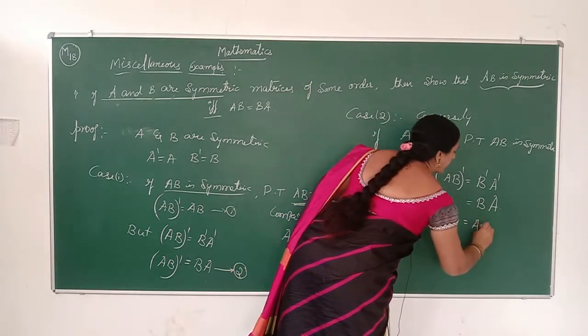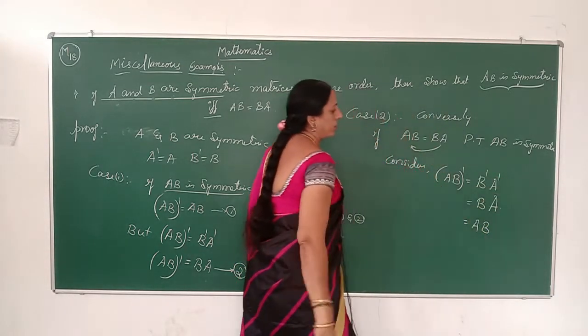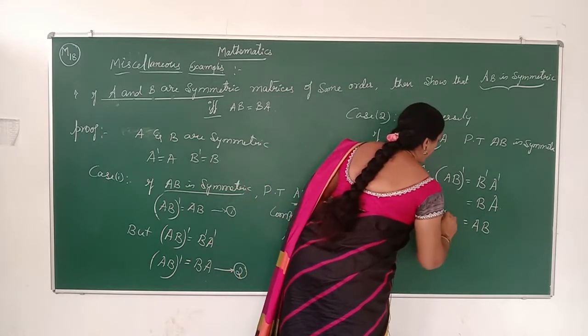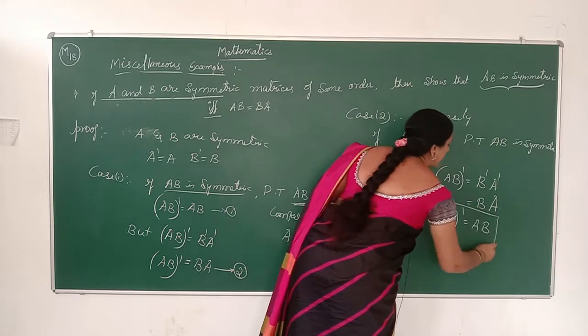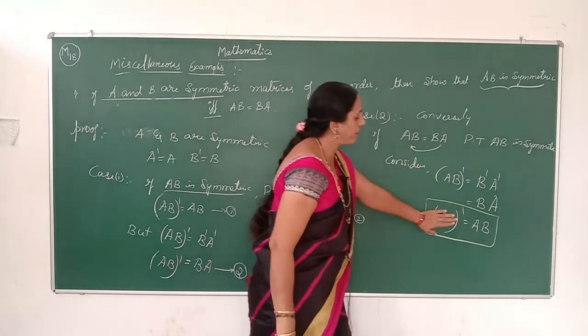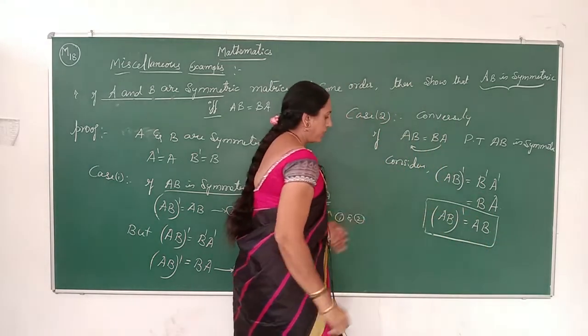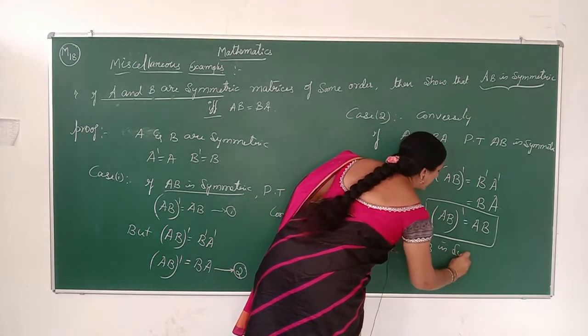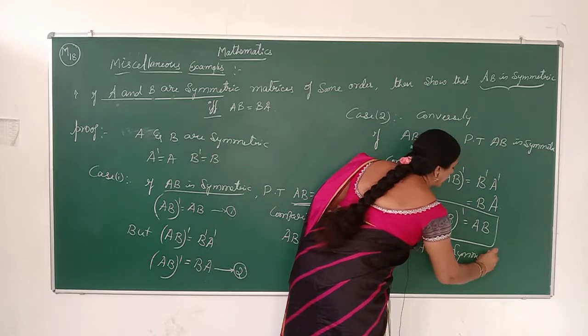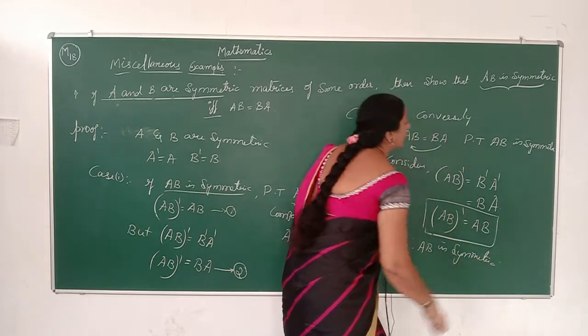So by using that condition, BA is equal to AB. So therefore, (AB) dash is equal to AB. That is in the form of the definition, A dash is equal to A. So therefore, AB is symmetric. That is the proof of the converse result.